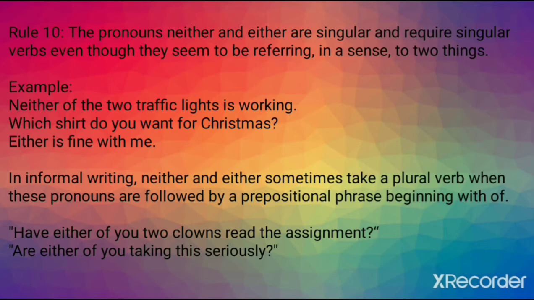So you have to concentrate on the rule here. Neither and either sometimes take a plural verb when these pronouns are followed by a prepositional phrase beginning with of. So, at this moment, you have to use a plural verb.